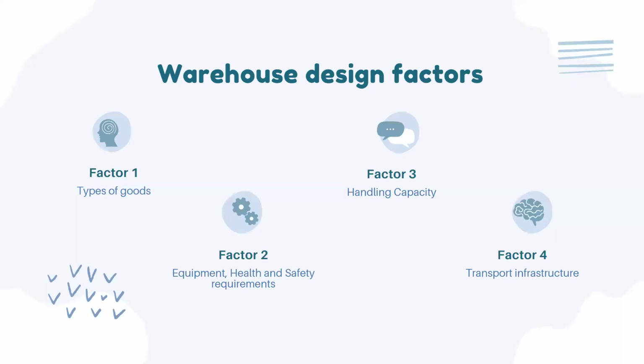Another issue could be health and safety, like paying attention to the separation between manual labor and the area for vehicles. Other factors may include the handling capacity and transport infrastructure.